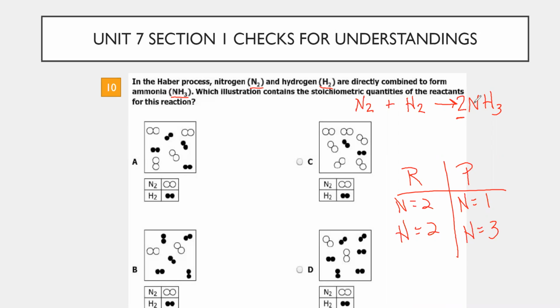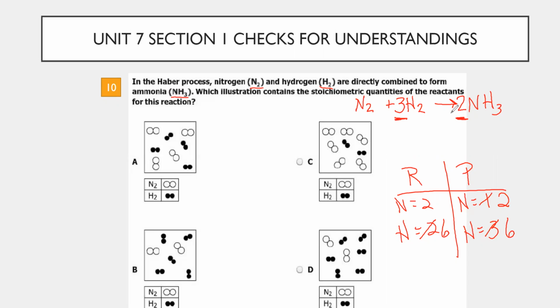So anyway, let's go ahead and do that. 2 times N is 2, and 2 times H, that makes that 6. And then, well, I guess it's not what I was thinking. Never mind. I don't know what I was thinking. And we're going to put a 3 here. And then that turns into 6. So that now balances this equation. Miss Taylor was thinking of something else. Never mind. Okay, so that wasn't hard.